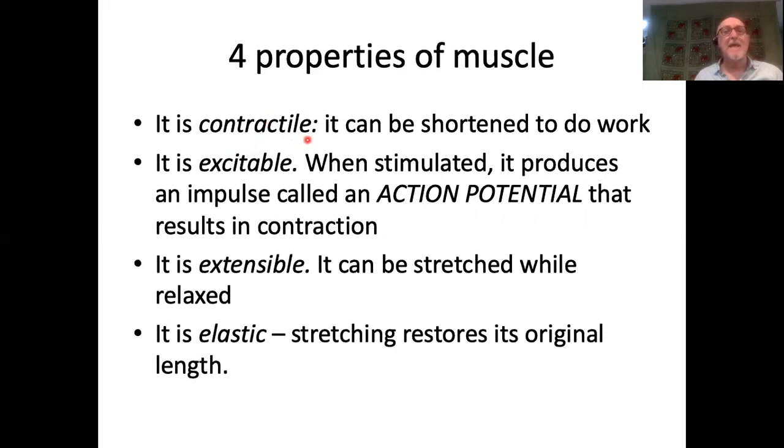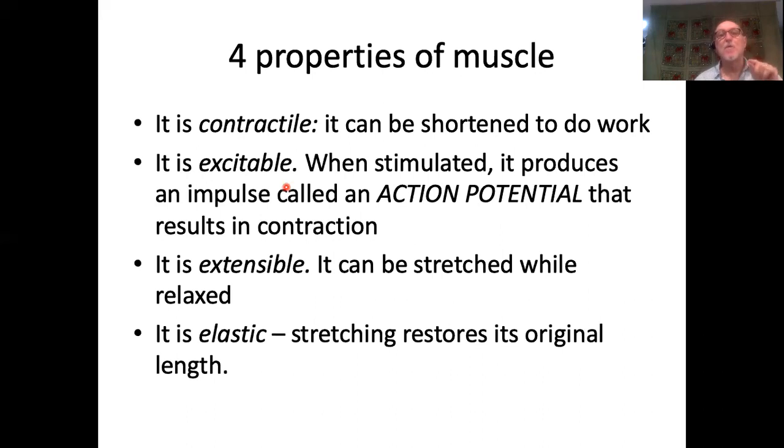The second thing is a little bit more difficult to understand. Muscle is excitable. That has a very specific meaning in biology. The other excitable tissue is nervous tissue. And that is, if the cell is stimulated, either a nerve cell or a muscle cell, it produces an electrical pulse.